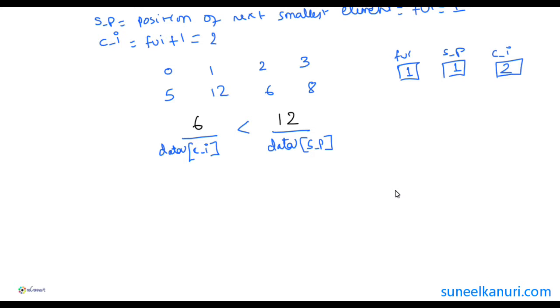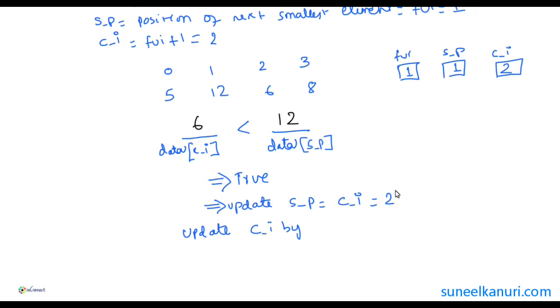We will be updating, which basically means we will update our position of the next smallest element indicated by variable S_P to wherever C_I is pointing to, which is basically 2. And now, as always, we update our C_I by 1. This means C_I becomes 3. So that's our first iteration, guys.